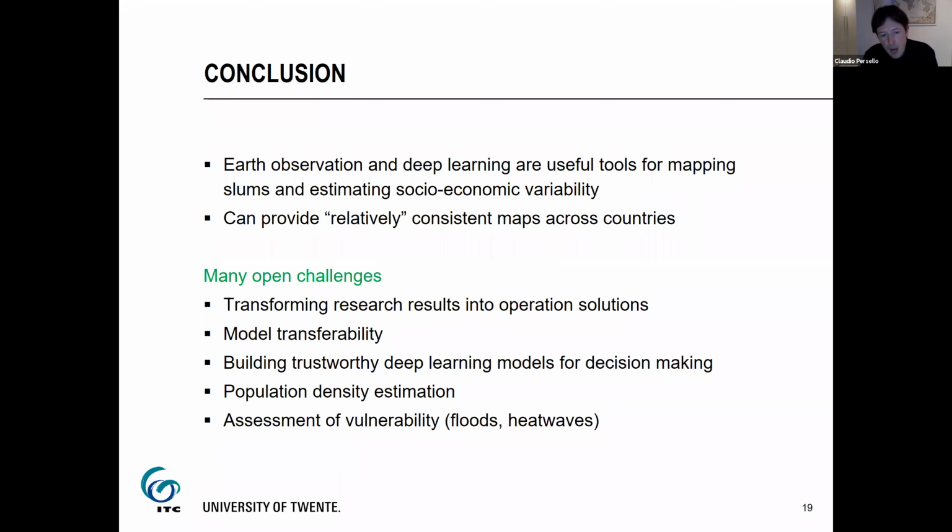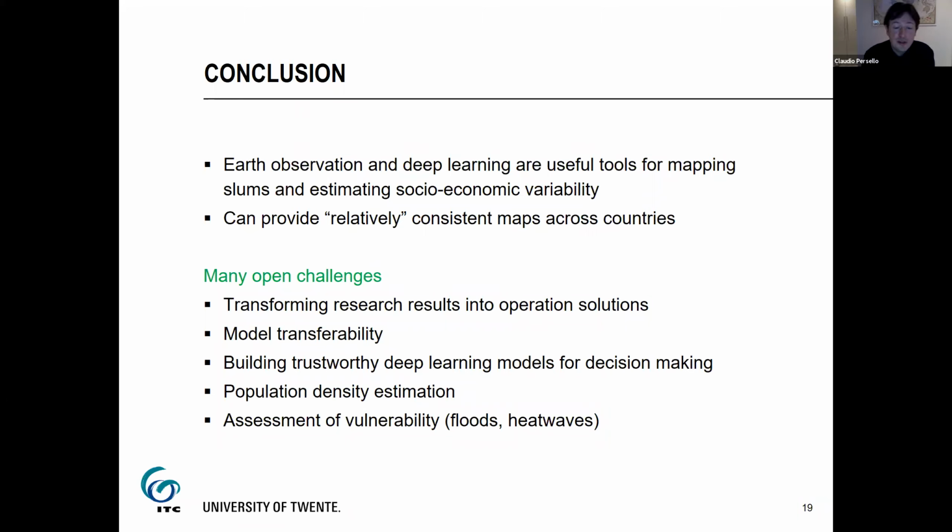And probably in many cases the slum population is largely underestimated, but we have no actual way to show evidence to say that. But this is, of course, something to investigate more.